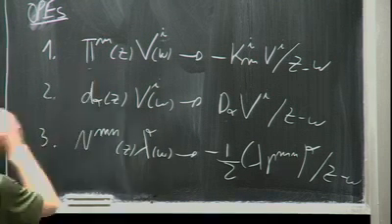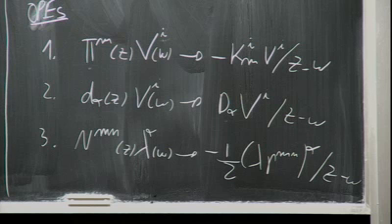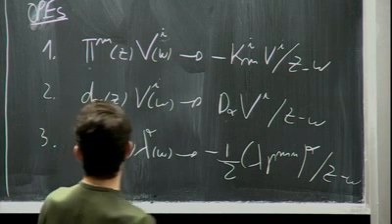I'm basically writing the OPEs of this guy, this, and that one, because at tree level, at least for today, this guy there will not contribute. So these 3 OPEs will be enough for today.